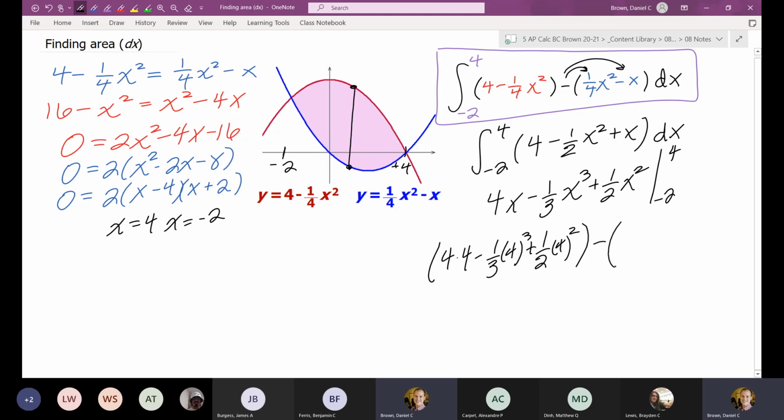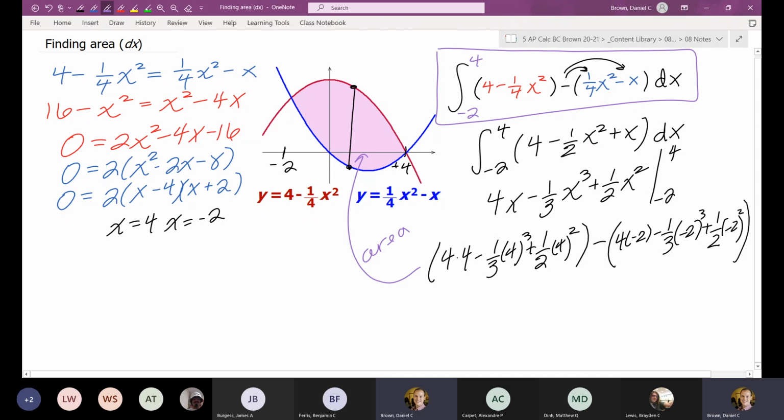Plug in the top minus the bottom. And again, you can leave your answer like that. Again, it's important: what does that number represent? It is some number. I'm being lazy and not simplifying it, but it literally represents the area between those two curves.